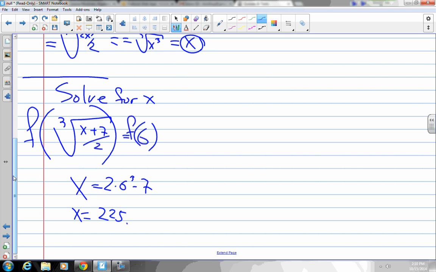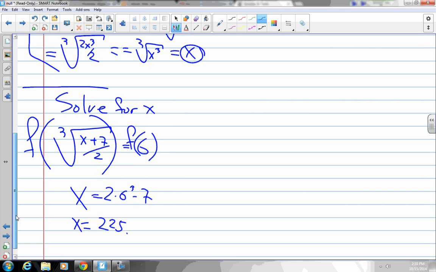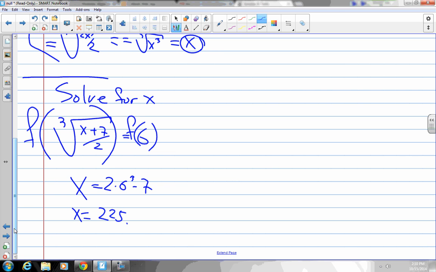That's the solution to that equation in one move. If beforehand we knew that these two functions have this property, we can solve these types of equations in one move. Total overkill for this equation, okay?